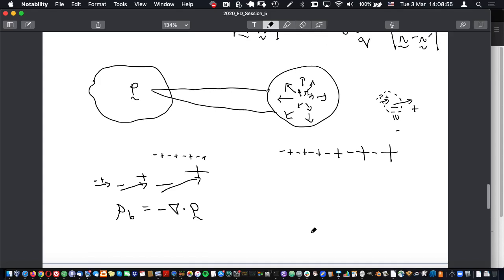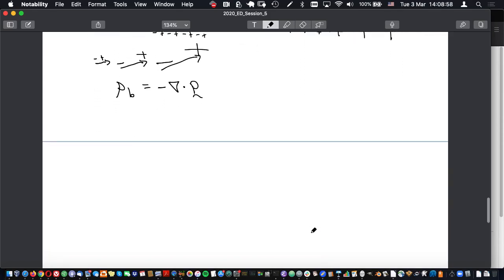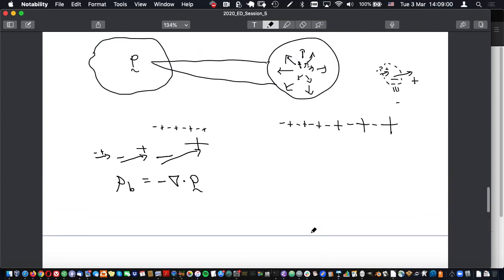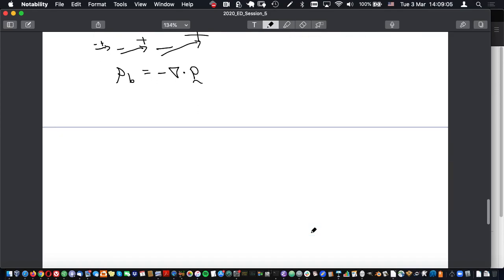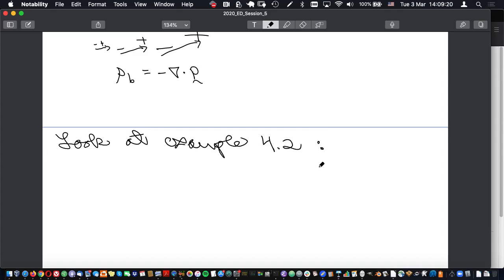Maybe what I'm going to do is ask you to look at the example in the notes. It's example 4.2, which is the electric field of a uniformly polarized sphere.